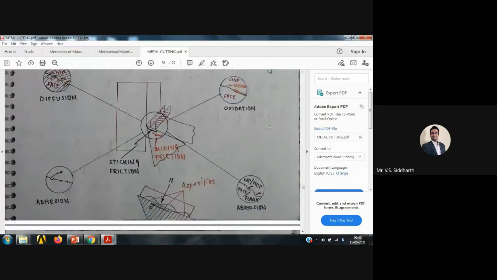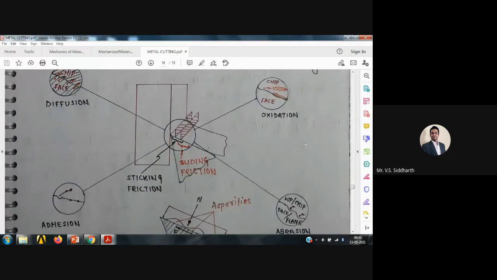See here: diffusion, oxidation, abrasion, adhesion. All these four mechanisms were explained in full detail. So you can go through it. Fine.